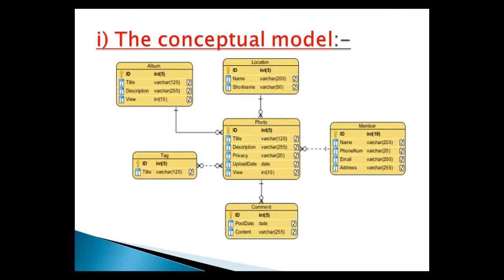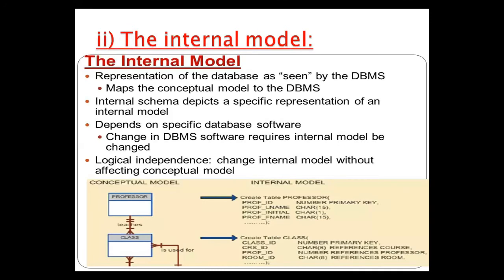First one is the conceptual model, also called the logical model, which is the basic database model that deals with the organizational structures used to define database structure such as tables and constraints. Second is the internal model.